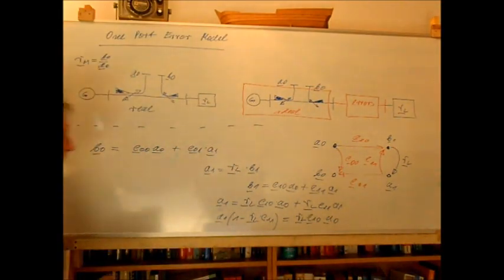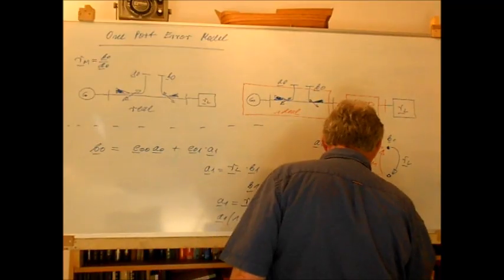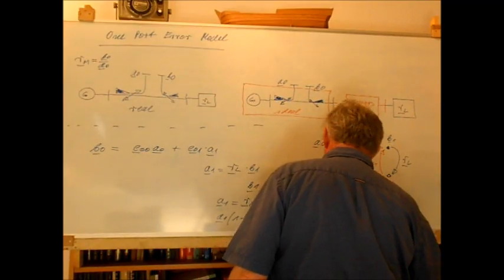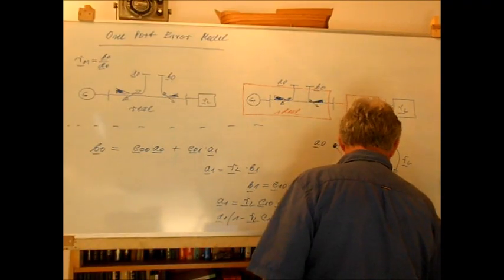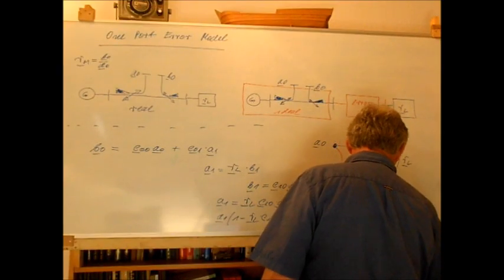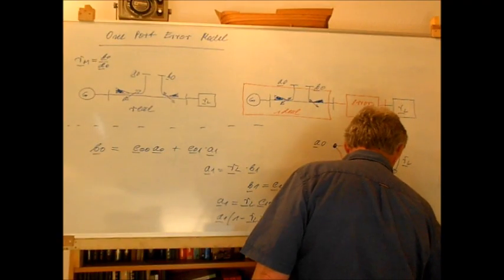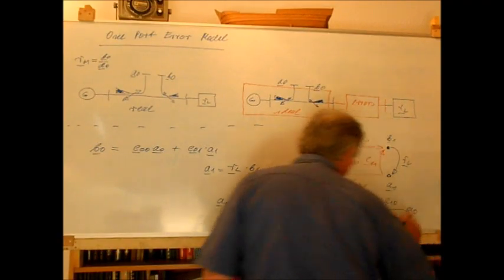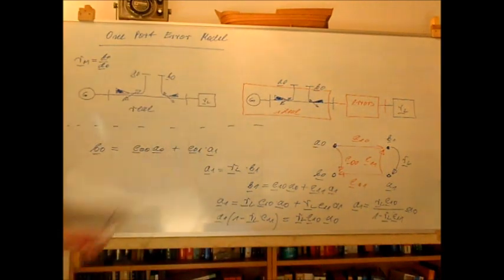So from this we find that A1 will be equal to RL times E10 divided by (1 minus RL times E11) times A0.